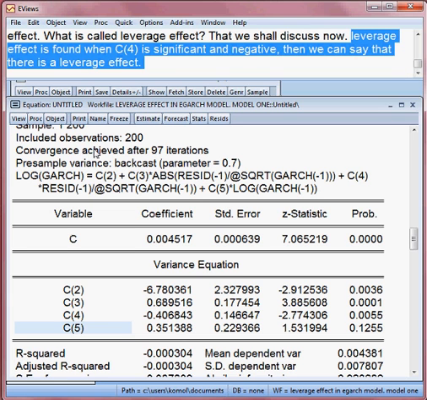So which one is C4? C4 is here. You can see the coefficient of all these things from here to here. That is C4.